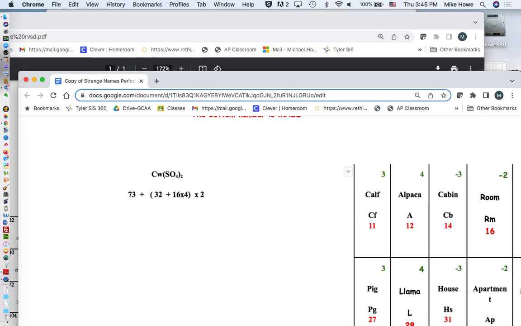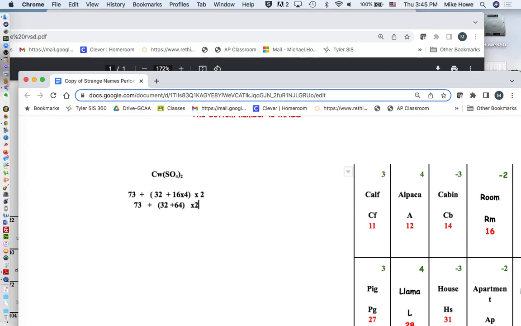All right, so let's work again on this. So we're going to simplify a little bit. We have 73. So we'll say 73 plus 32, 16 times 4 is 64, so I'm going to say plus 64, and that will then be multiplied by 2.